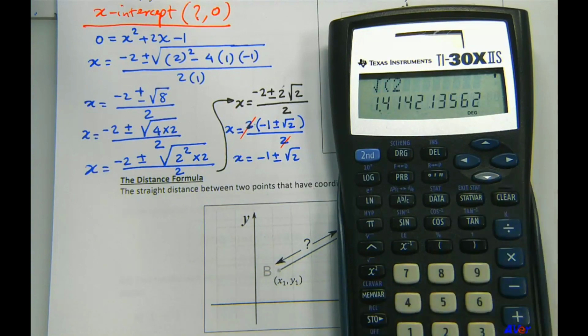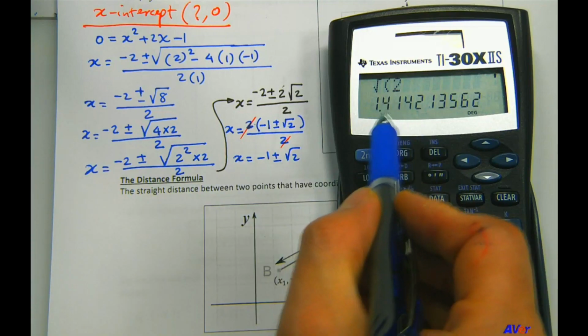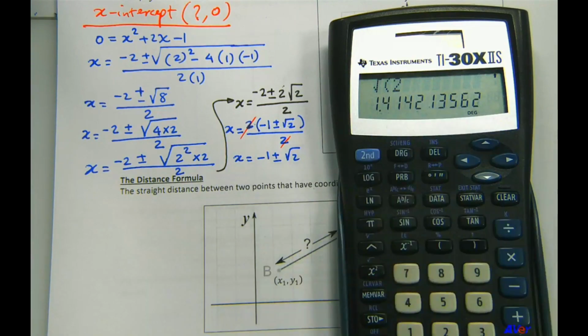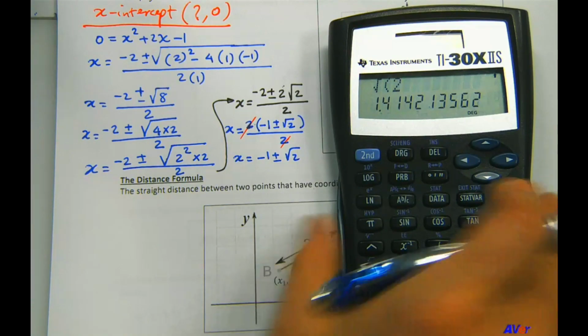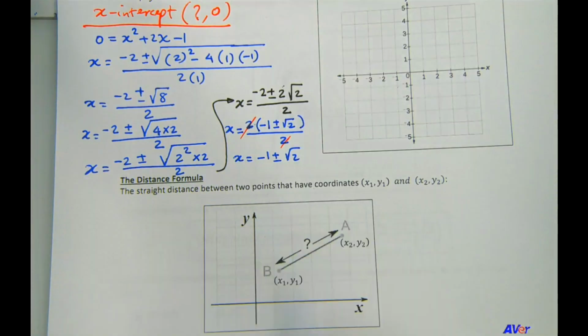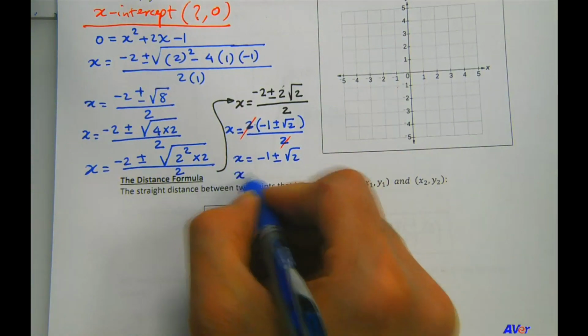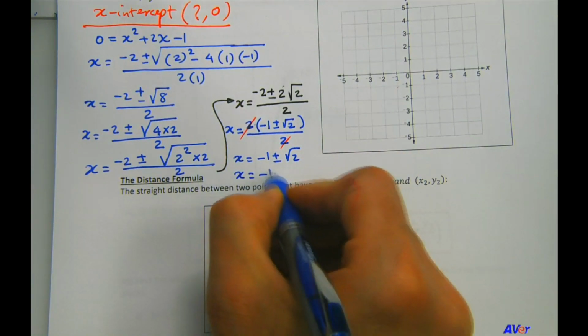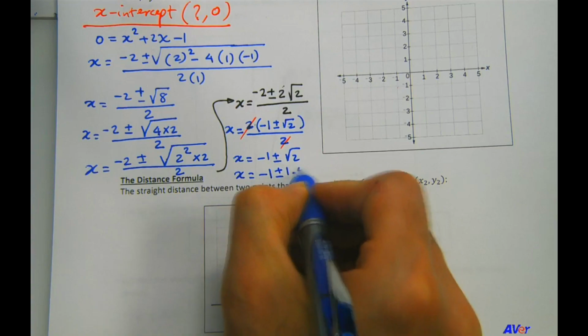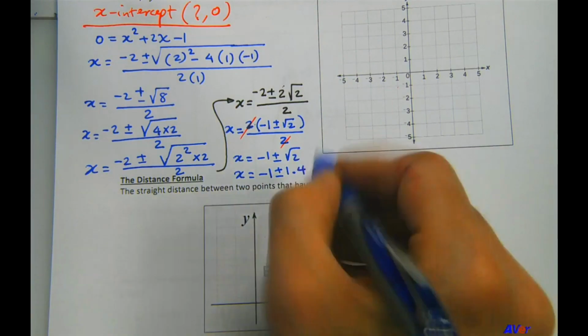It's going to be 1.41. It's irrational, so those numbers never end. For our purpose here, because we're manually graphing this, we can round it to 1.4, right? So let's do that. We're going to say x equals -1 plus or minus 1.4 instead of that.